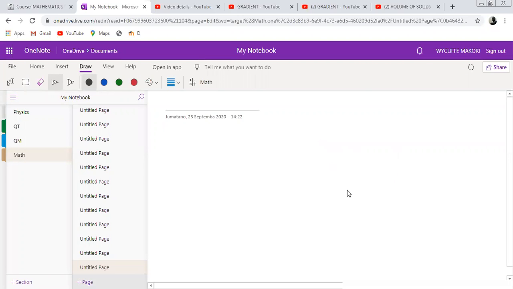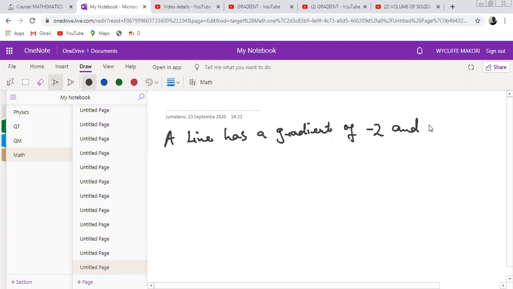You can be told this, that a line has a gradient of negative 2, and it passes through the point 7, 2.